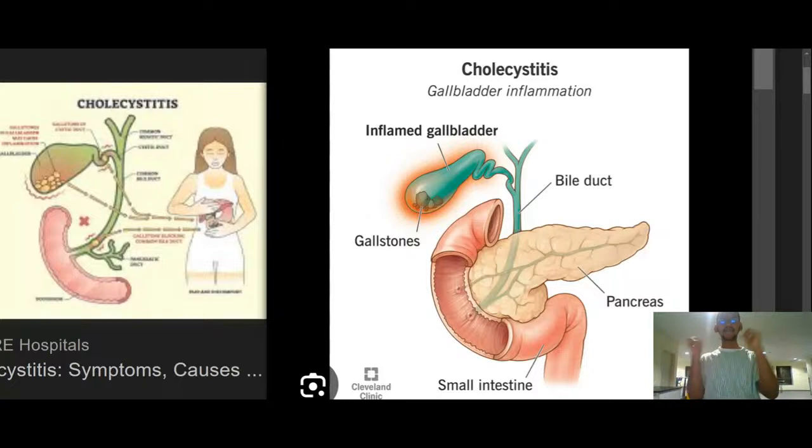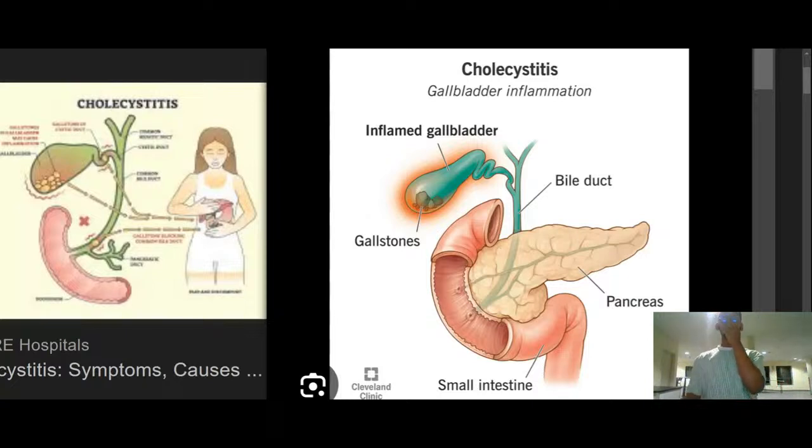It wasn't inflammation. They thought that it was inflammation, but it was rather the obstruction. So instead of a cholecystitis, it was more of a choledocholithiasis.